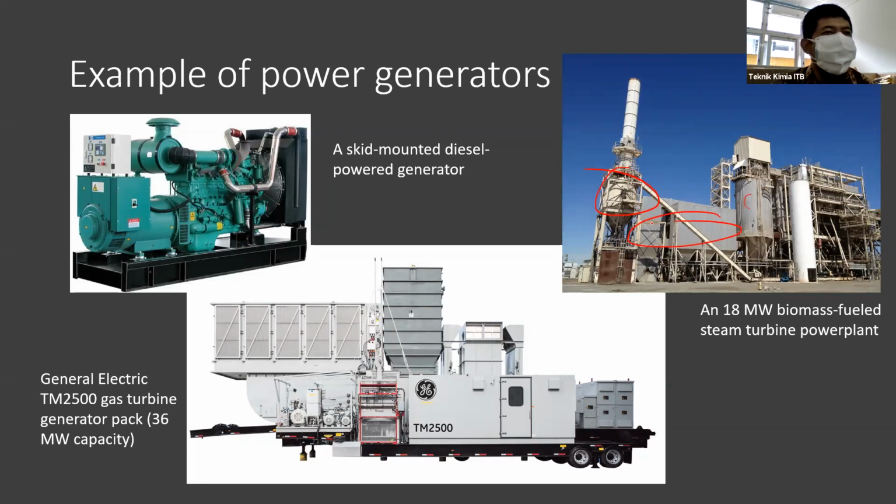Anyway, it's getting more and more complex. In terms of the controlling aspect, this one is the easiest, number one, followed by this one, number two, and this one is the last. Controlling a steam turbine power plant is very difficult.